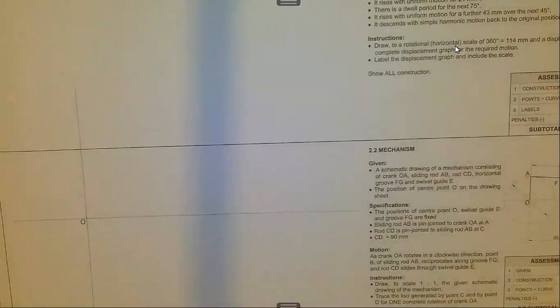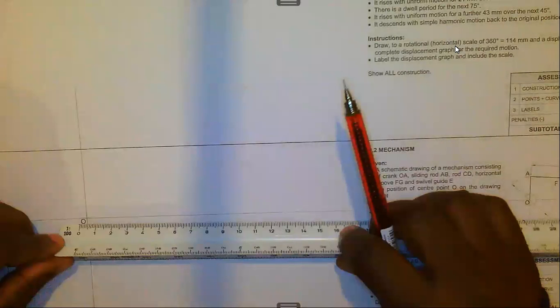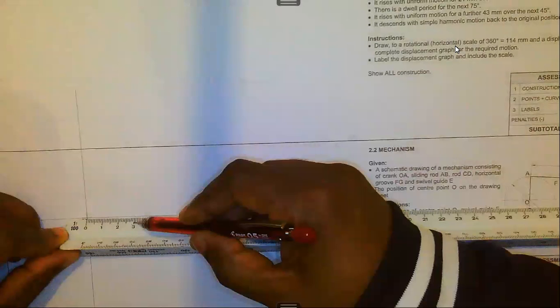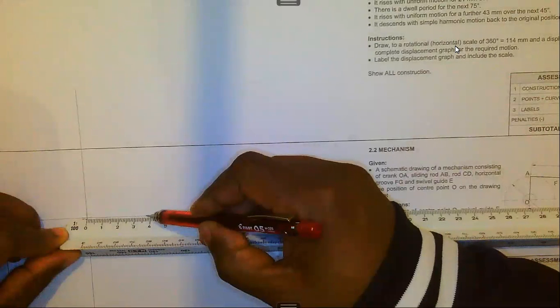So we are going to say radius is equal to 75 divided by 2, which would give us 37.5. Right, so we are going to measure. So that's 30, 35, 37.5. That's our radius.